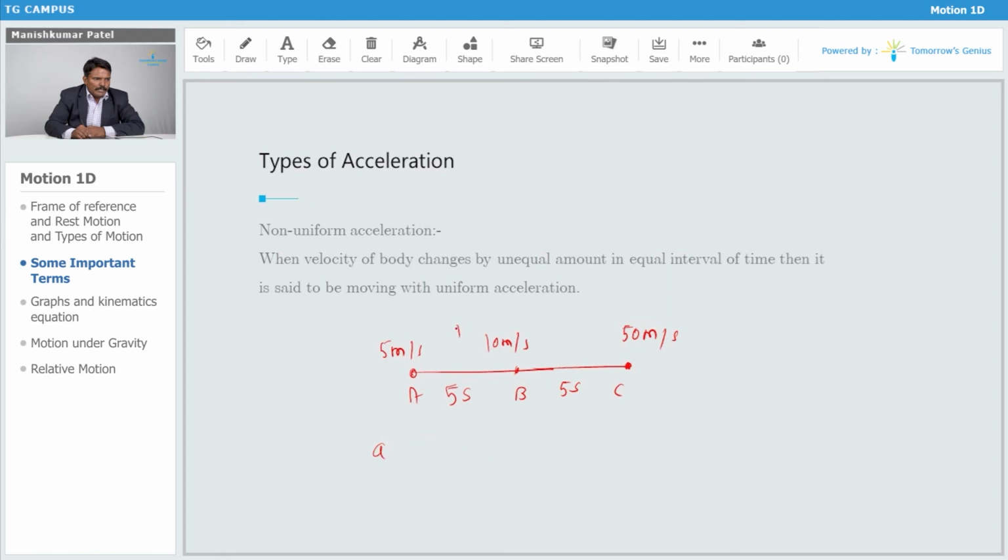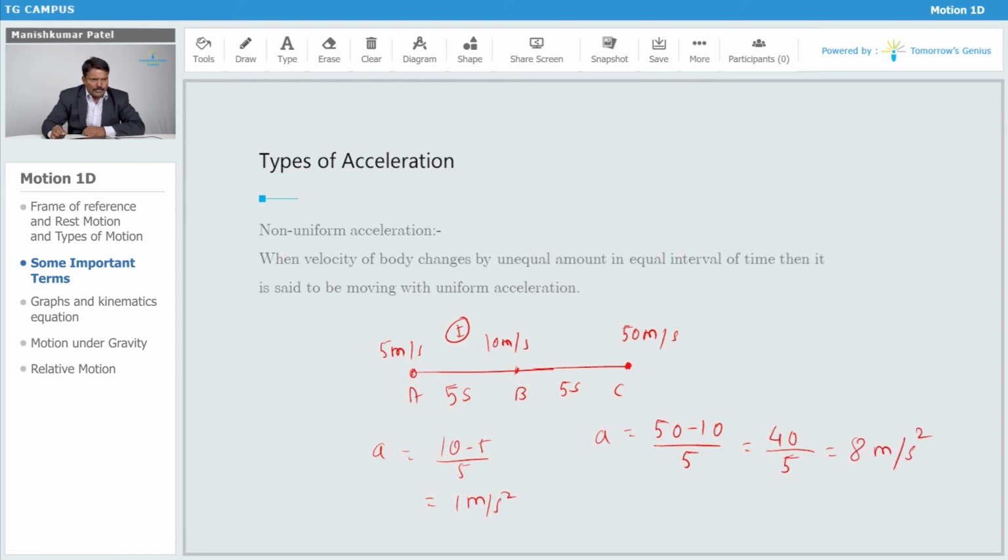For the first part, the acceleration is 10 minus 5 upon 5, which is 1 meter per second square. But for the second part, it is 50 minus 10 upon 5, so 40 upon 5, which is 8 meter per second square.